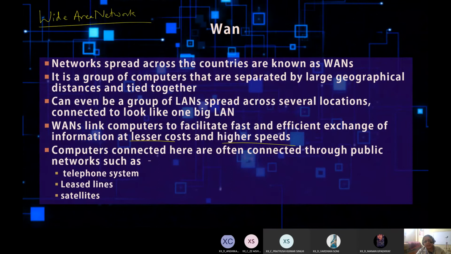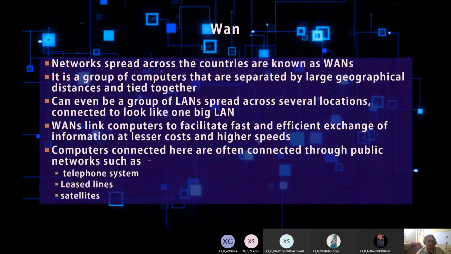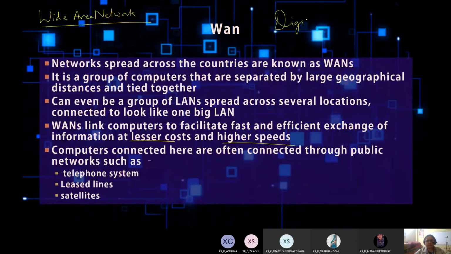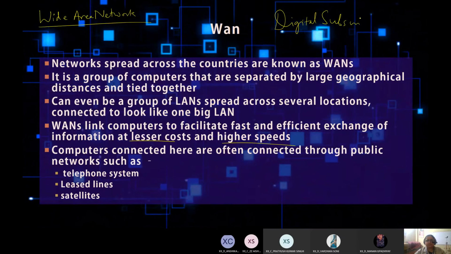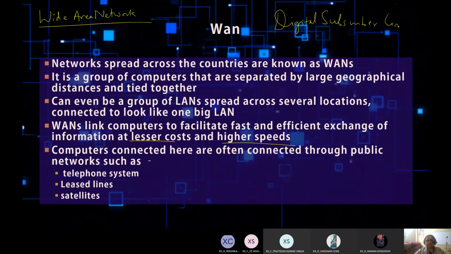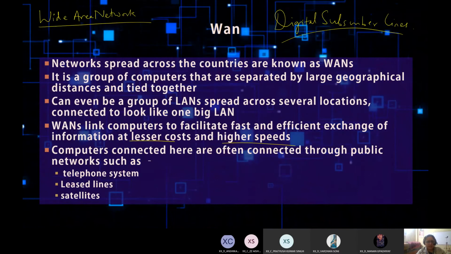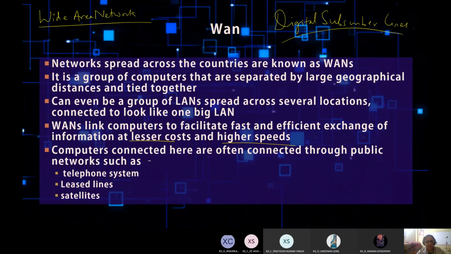And satellite links, that is wireless. And these days, if I tell you, we have digital subscriber lines, that is DSL. We have digital subscriber lines which are also copper wire, simple copper lines, right?